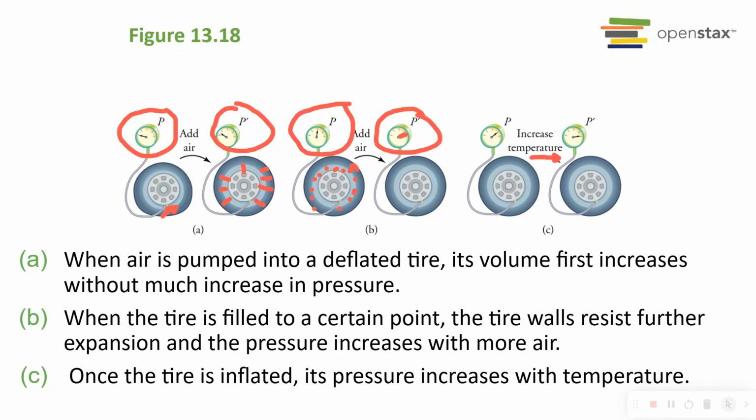In the winter, that first cold day, the sensors go off in my car and say you need to put air in your tires, because the temperature has cooled off the air on the inside, and it doesn't have the same level of kinetic energy, so the pressure decreases because it's not bouncing off the tire as much, and the volume of the tire decreases too. And so the sensor goes off and says you got to put a couple pounds of air in there and you're good. So they're all related through that ideal gas law.